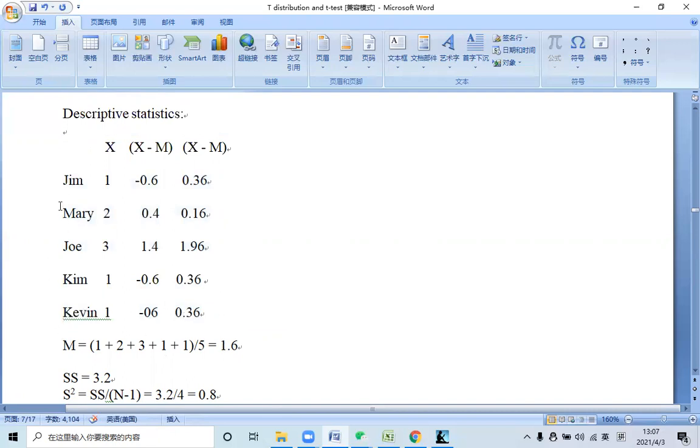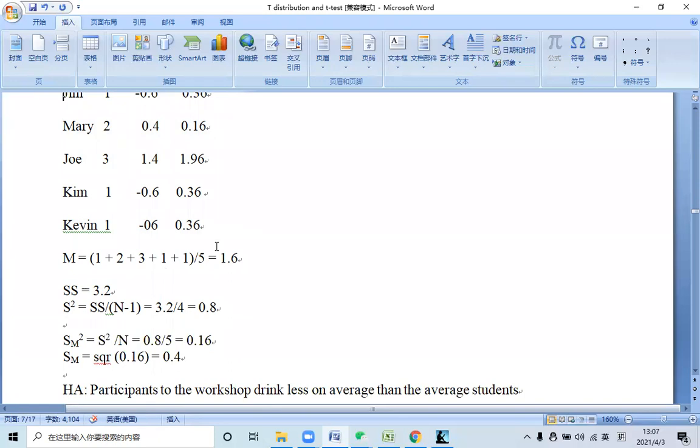According to the null hypothesis, these 5 people are coming from the general population, the population of average college students. And you want to estimate the distribution of all the possible means of samples with a sample size of 5 people.